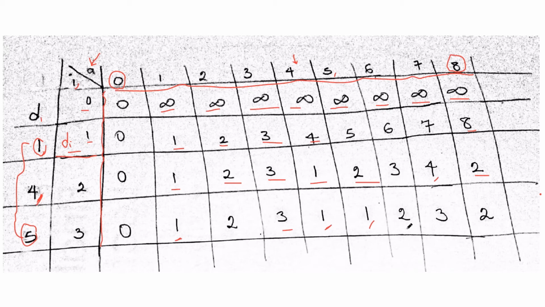Now for 6, we can either take 1 copy of 4 and 2 copies of 1, and that is going to be 3 copies. Or we can take 1 copy of 5 and 1 copy of 1, and that will give us 2 copies, and that's the minimum.